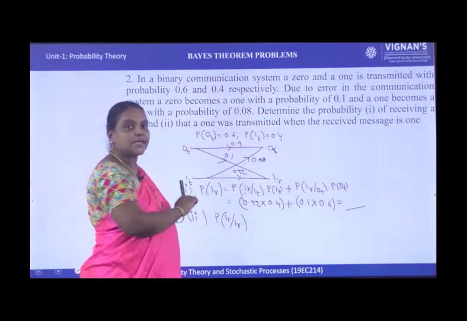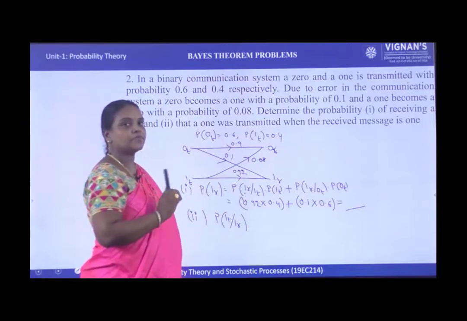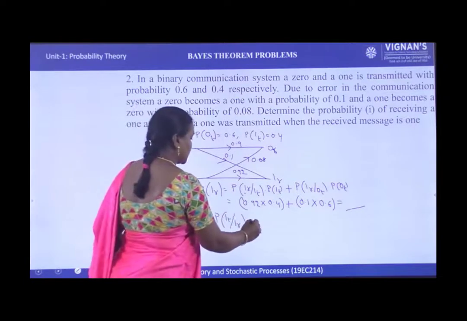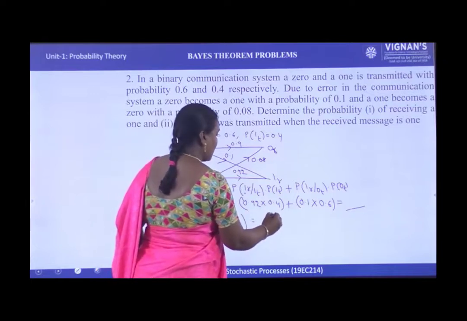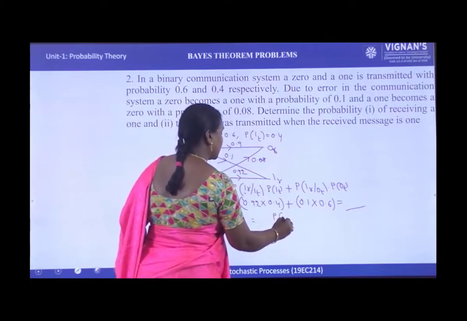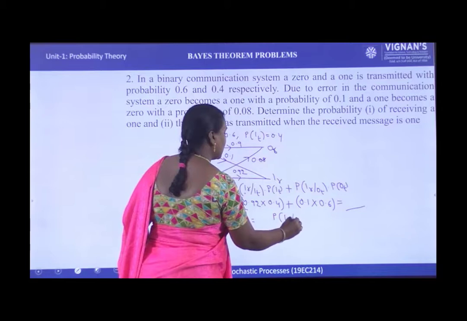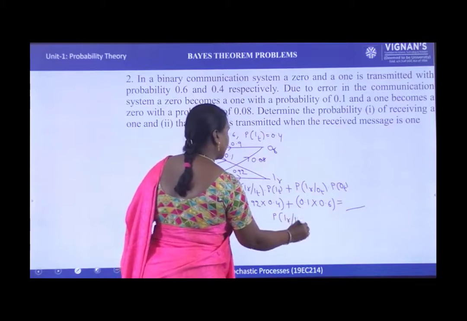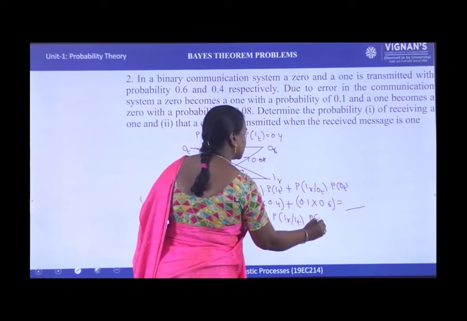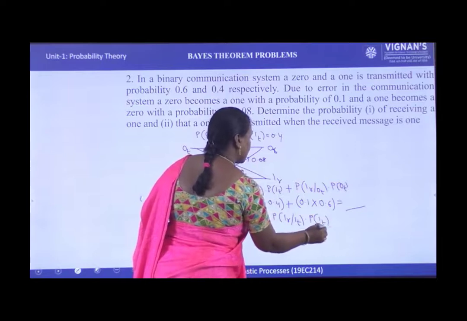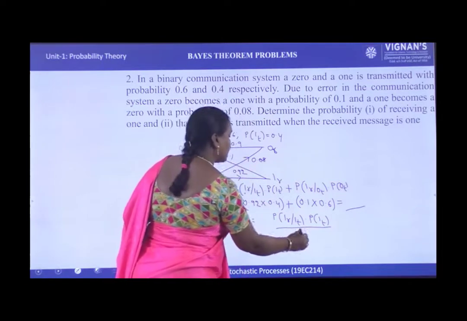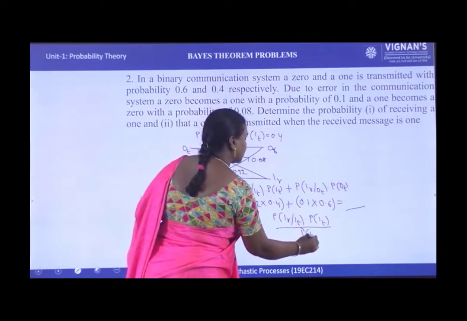To find such conditional probabilities, we have to use Bayes' theorem. So what is the formula? P of receiving 1 when 1 is transmitted into P of transmitting 1 by P of receiving 1.